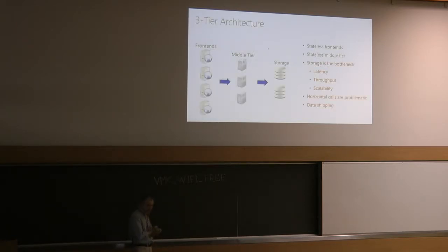So if we look back at how the industry has been building online services, this is the all-too-familiar 3-tier architecture. Anyone not familiar with 3-tier architecture? Okay. So the idea is very simple, and very powerful in a way.